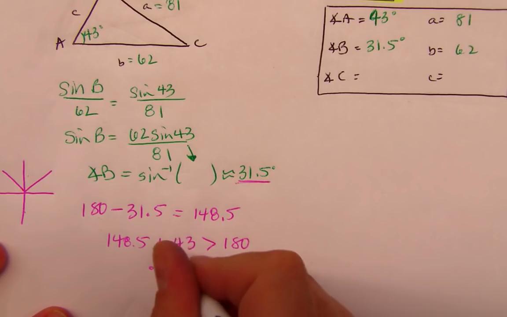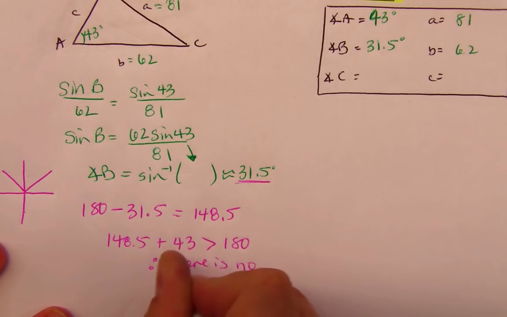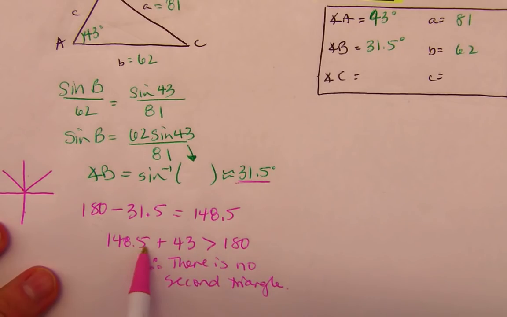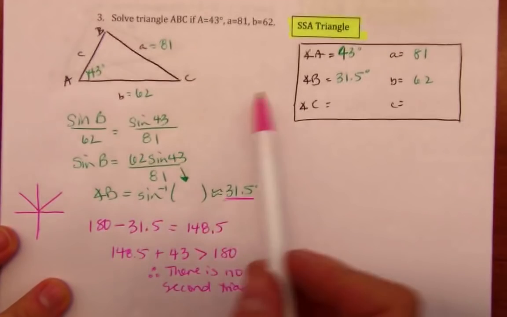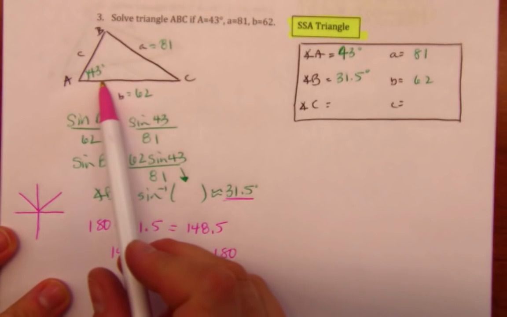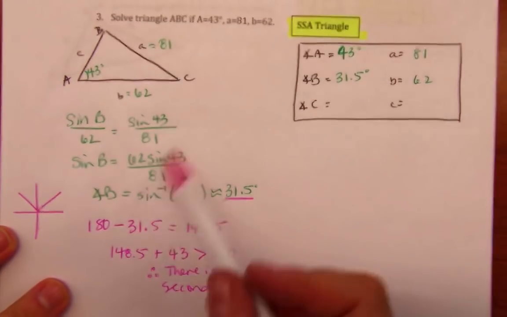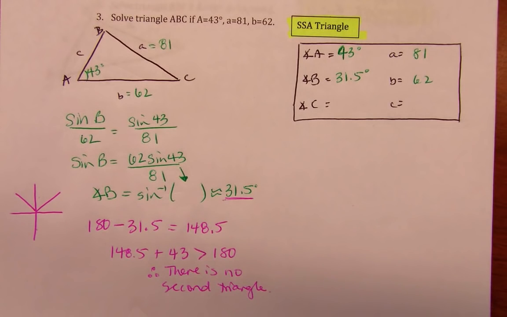Therefore, there is no second triangle. If this was less than 180, then there would be a second triangle. Okay, so we always have to check that with the ambiguous case where we have a side and an angle.